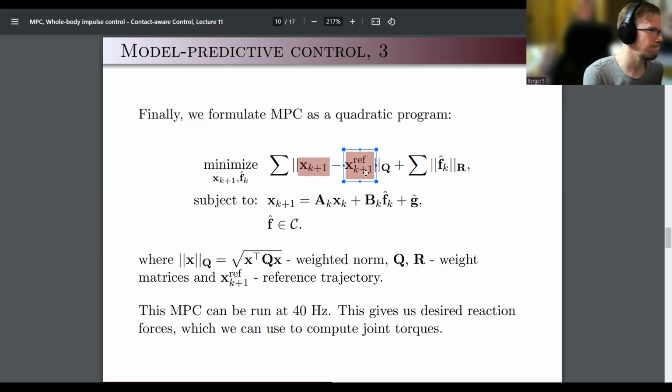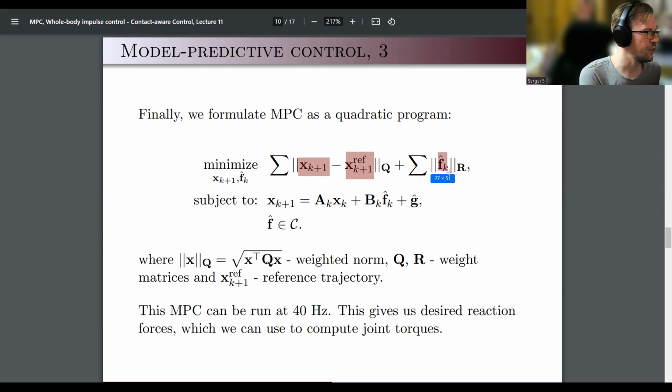Okay. You know, possible heuristics are plenty. But here you just say, okay, next x should be as close as possible to the reference x. Since it is MPC, it doesn't invent new gaits. That is not the forte of MPC. So you have to provide it a reference for it to be successful.